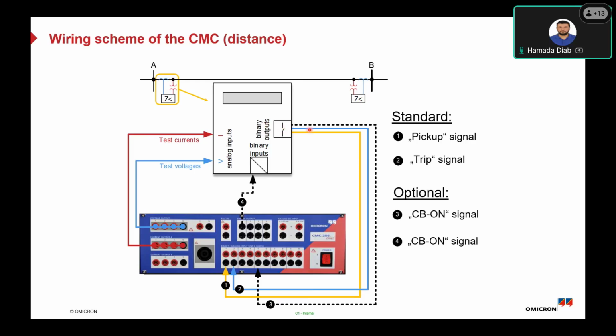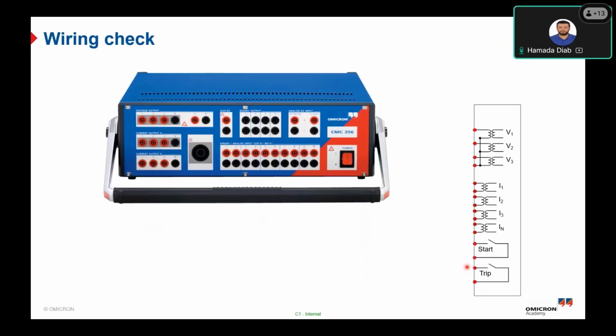And then we will wire the binary output of the protection relay to the CMC binary input to detect the pickup signal or the trip signal, which is the response of the protection relay. Also, it's optional to wire the binary wiring between your CMC and the protection relay for distance protection.